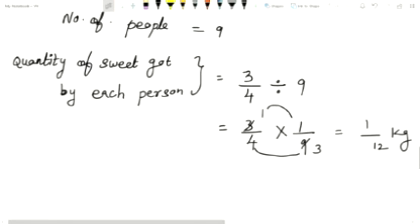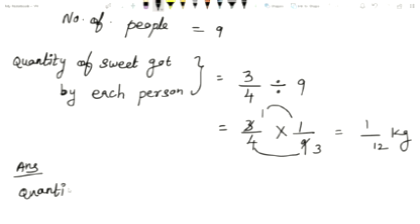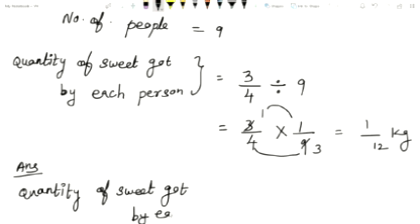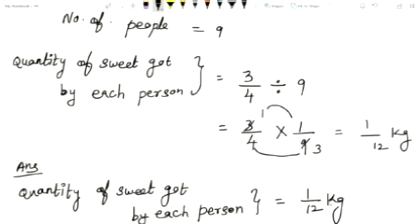Quantity of sweet got by each person equal to 1 by 12 kg. Do you understand, children?